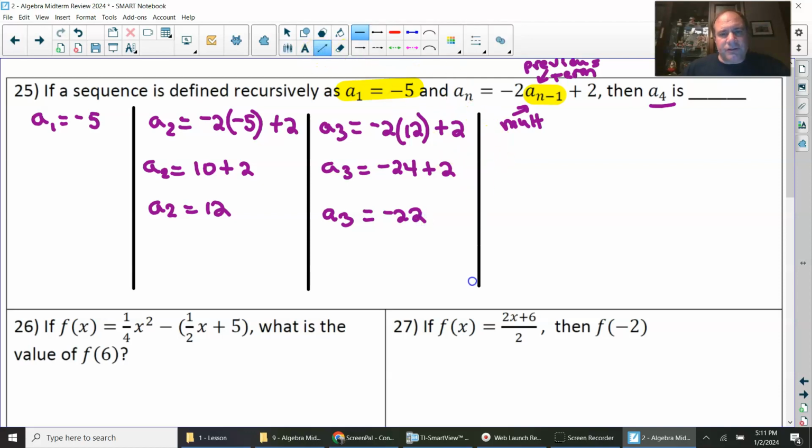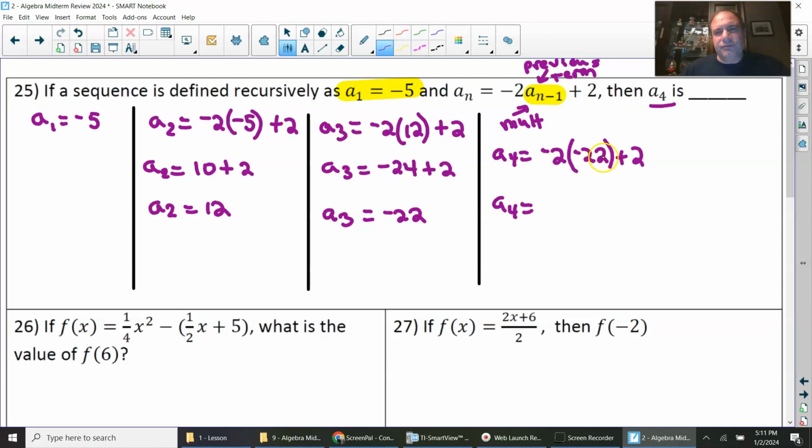We're almost finished. A sub 4 equals negative 2, using the same formula, times the previous term, which is negative 22, plus 2. A sub 4, negative 2 times negative 22 is positive 44, plus 2 is 46. A sub 4 is 46.